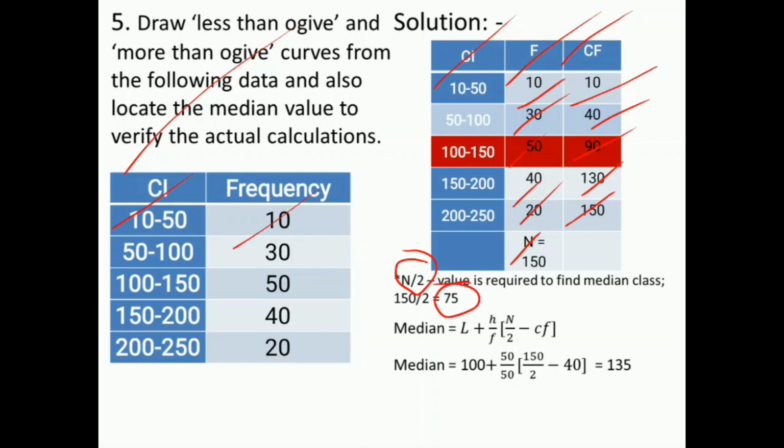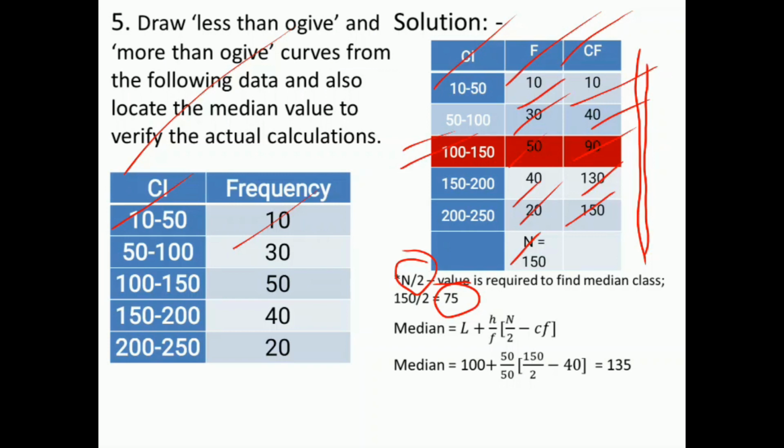After finding 75, check the nearest value which is greater than 75 in the cumulative frequency column. So 10 no, 40 no, 90. 90 is the nearest value which is greater than 75. That is why it has been highlighted in red, which is called the median class.